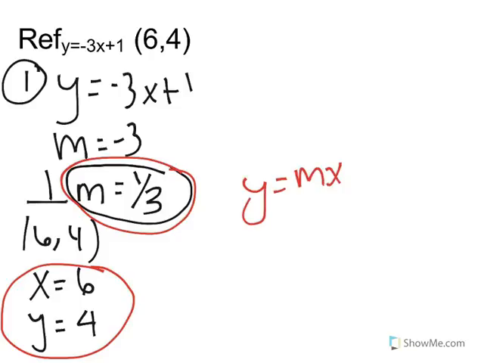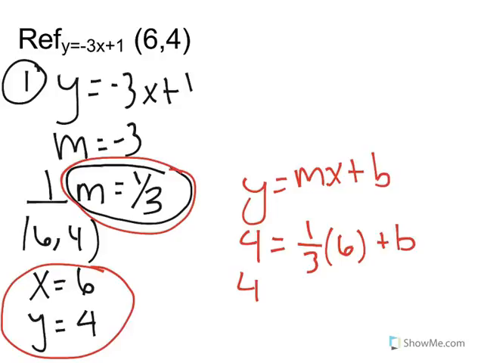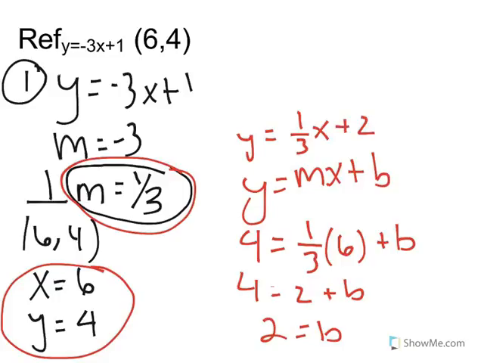Using y equals mx plus b, our y value is 4, our slope is 1/3, our x value is 6, plus b. So 4 equals 2 plus b, so b equals 2. So y equals 1/3 x plus 2. That was the first step. We found the equation of a line that's perpendicular to the original and goes through the point (6, 4).